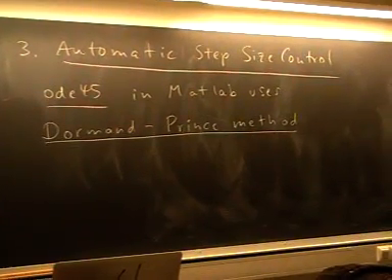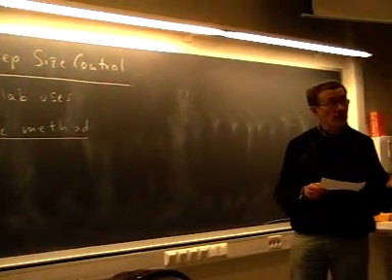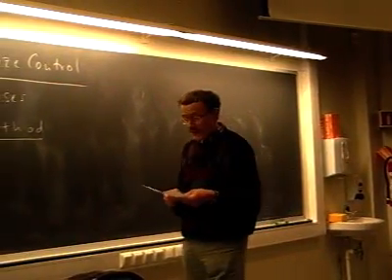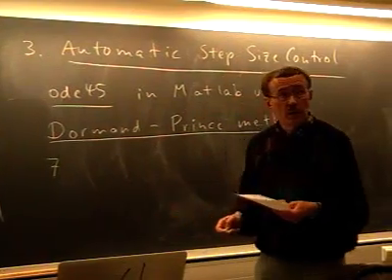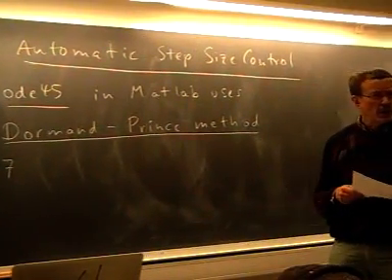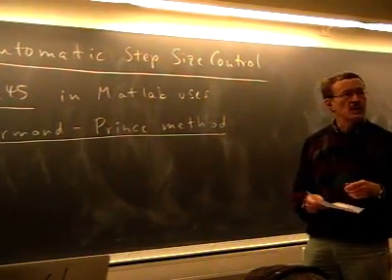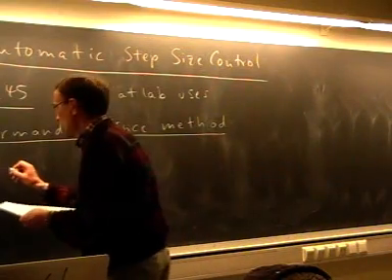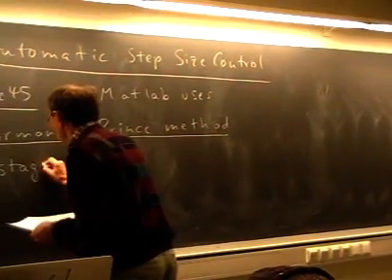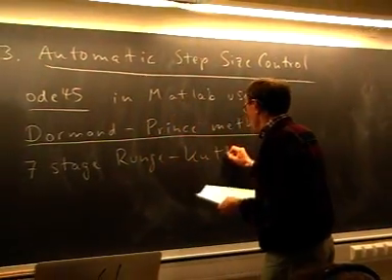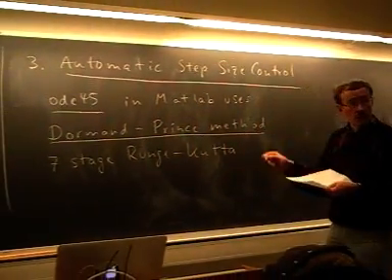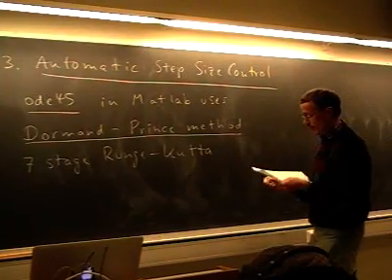That method is also a Runge-Kutta method, but it is a 7-stage Runge-Kutta method. So we have 7 functional evaluations, but they do a little trick. They only need 6 in the end. So we use this name Runge-Kutta not only for the classical one, but also for others.